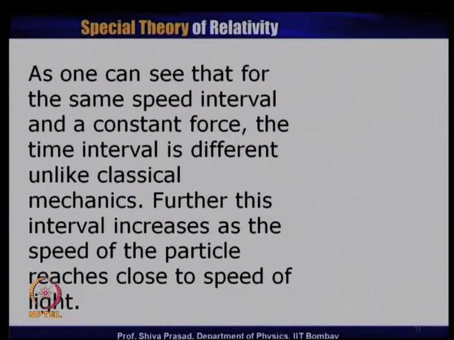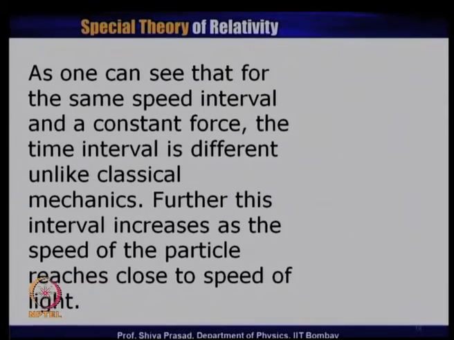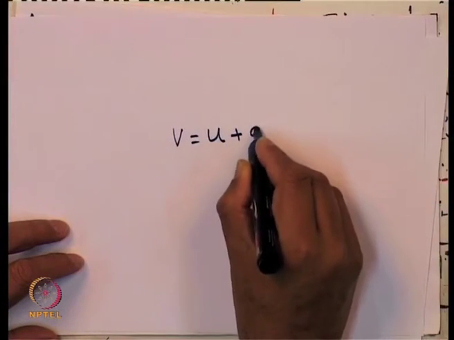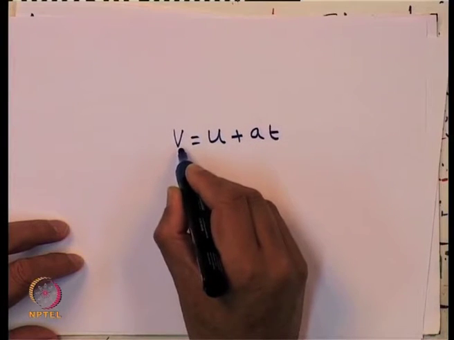So, this is what we have said. As one can see, for the same speed interval and a constant force, the time interval is different, unlike classical mechanics. In classical mechanics, if you remember, this was a standard expression in a kinematic equation. Of course, we write v is equal to u plus at, where v used to be the final speed.